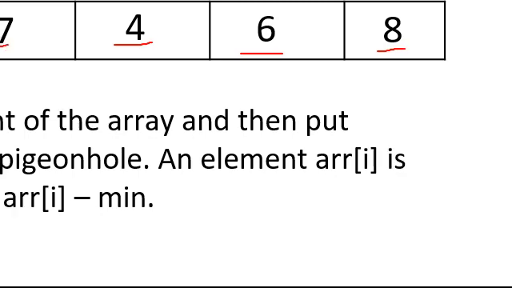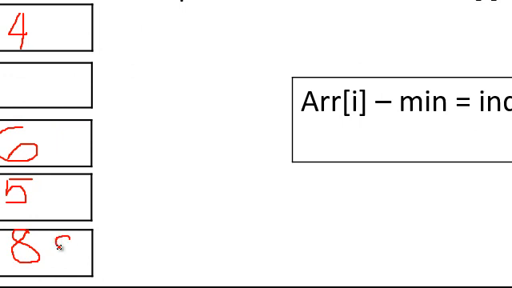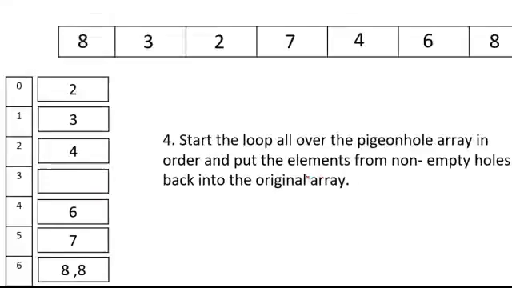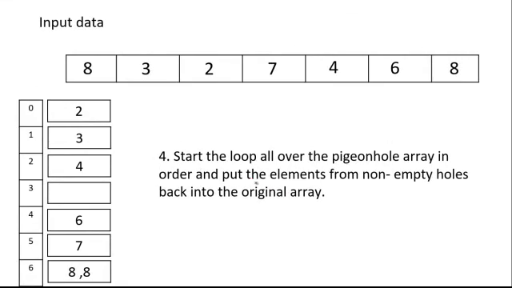So we will have another 8 here in index 6. So next, start over. We have here index 0, 2; index 1, 3; index 2, 4; index 4, 6; index 5, 7; and index 6 we have 8, 2, 8. So in index 3 we don't have any element.